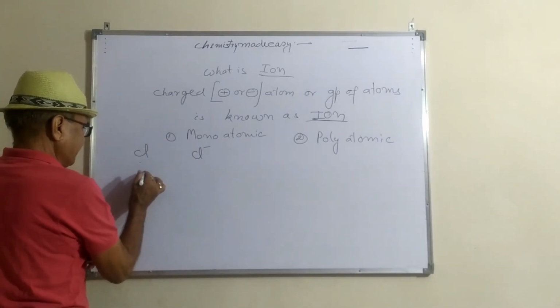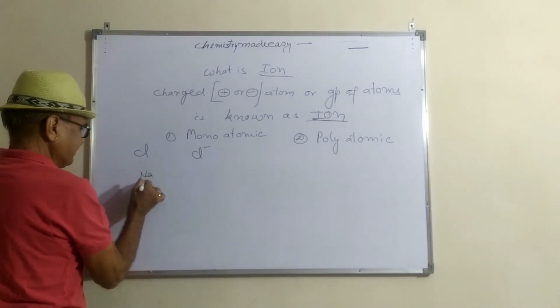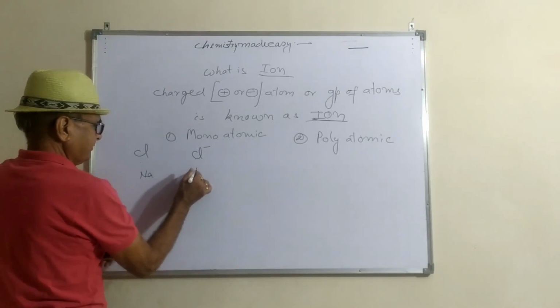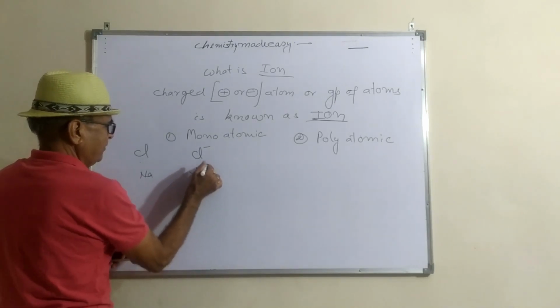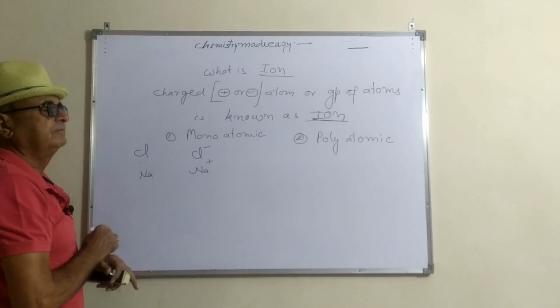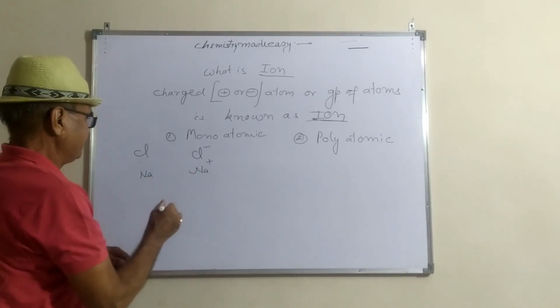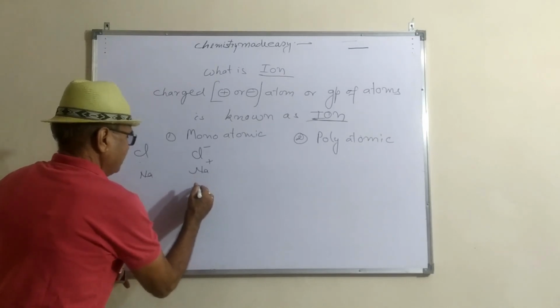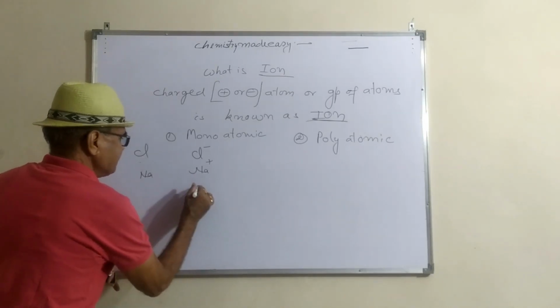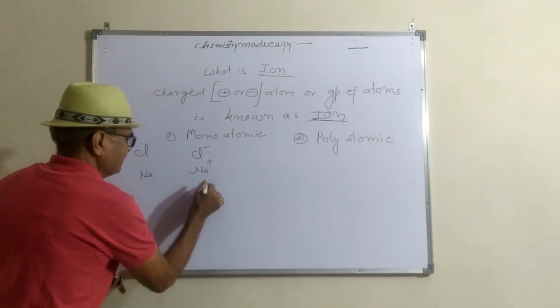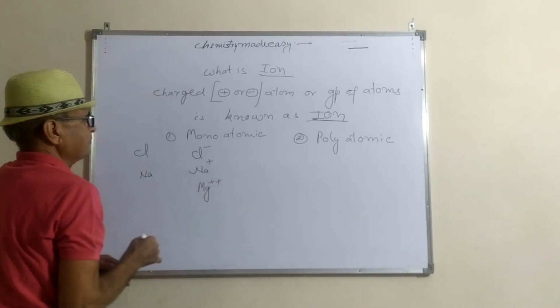In the same way, Na is an atom, and Na positive is sodium ion. Similarly, you can write magnesium double positive.